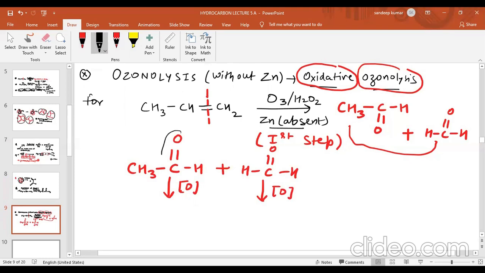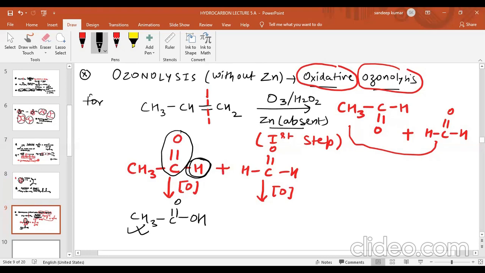This is a carbonyl group. Whenever there is hydrogen attached to a carbonyl group, this hydrogen will be oxidized in the form of an OH group. So this is the product obtained.